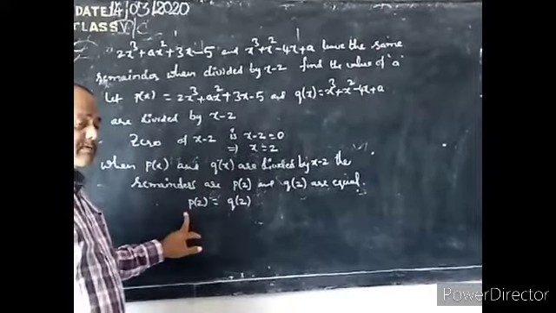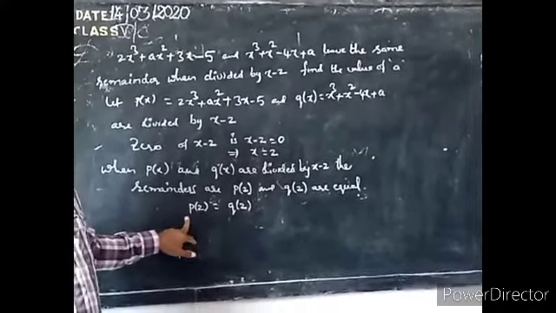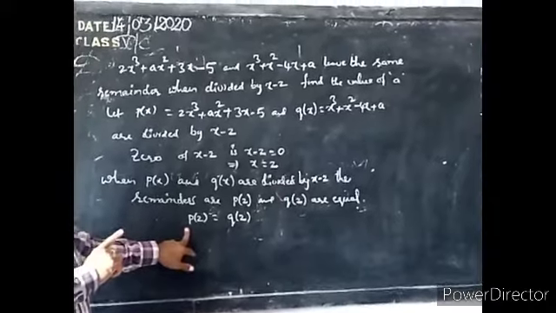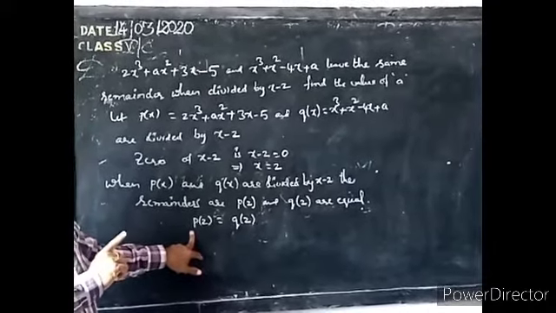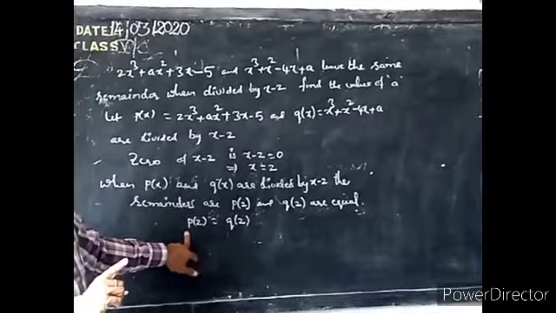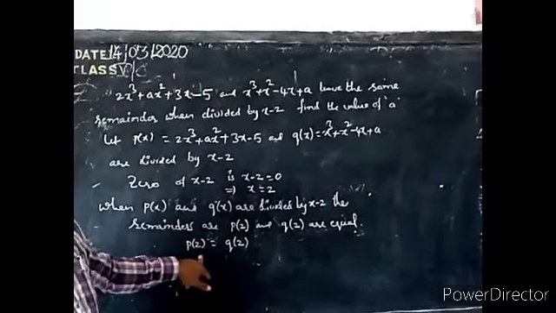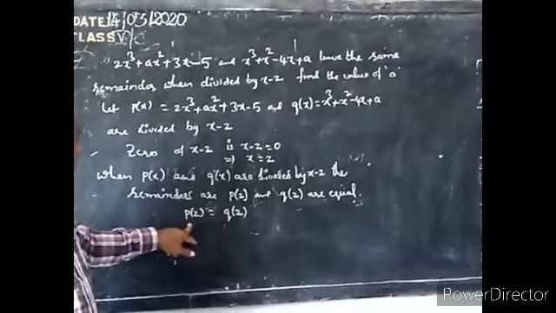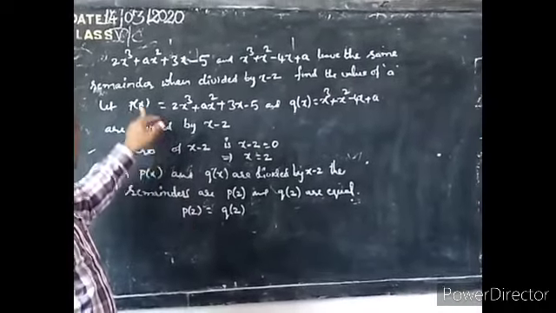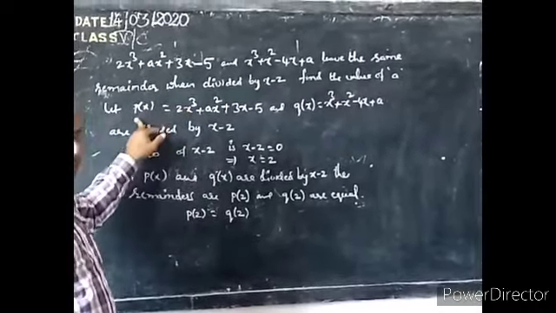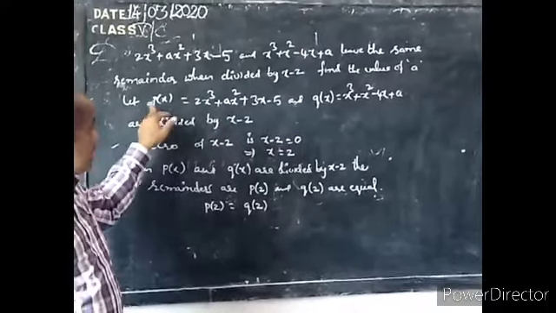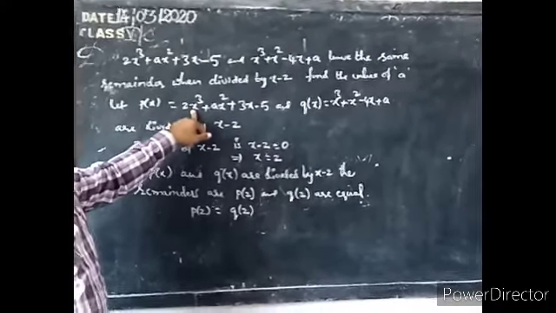P of 2 means we have to find the value of the polynomial. In the first exercise we did the value of the polynomial and zero of the polynomial. Value of the polynomial is nothing but in place of the variable we substitute the given number. Now p of 2 means in place of x in p of x we have to substitute 2.